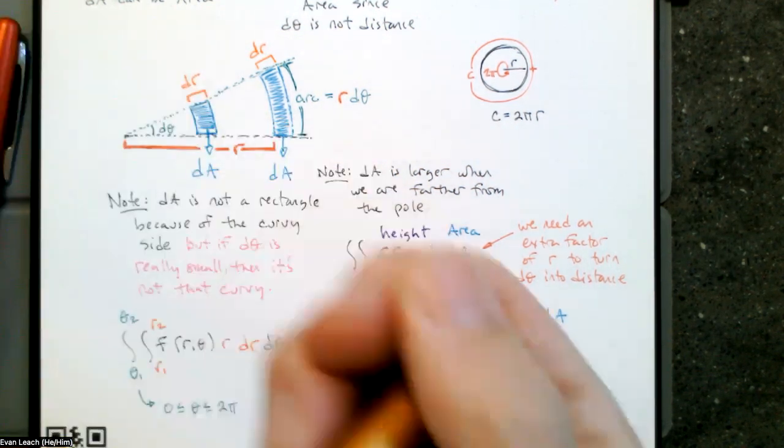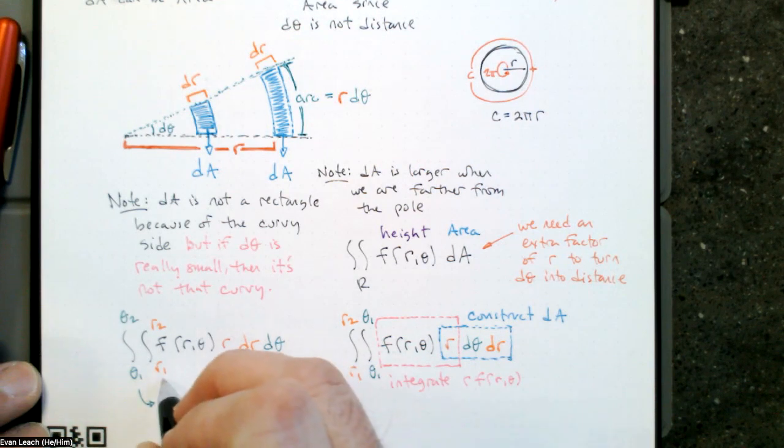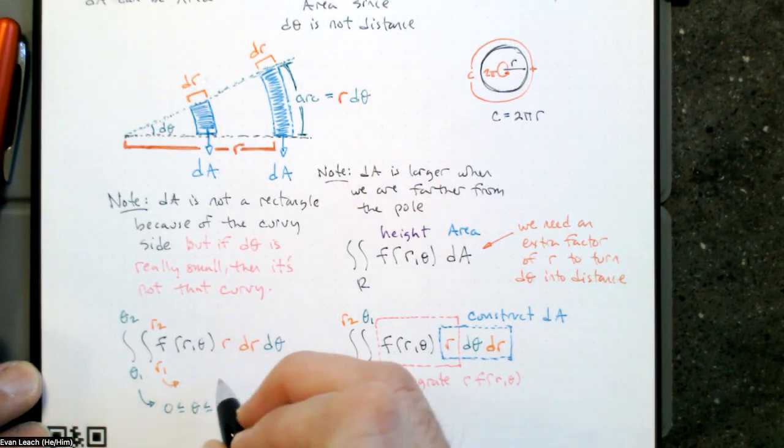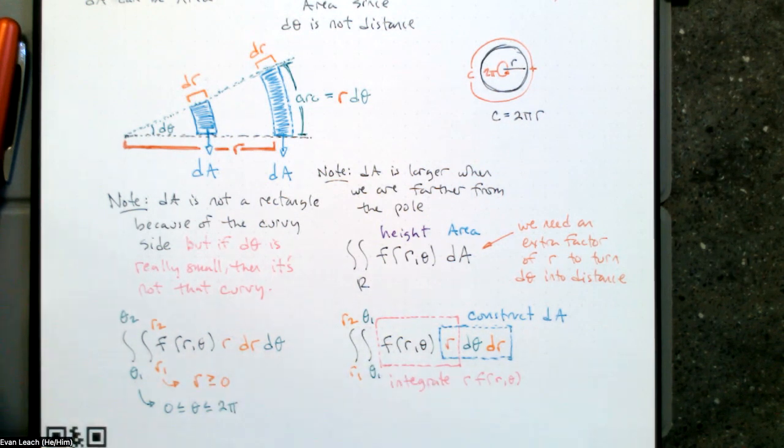And let's keep r positive, non-negative. Doesn't mean we can't set up a double integral with things before 0 or after 2 pi. But if we know the unit circle from 0 to 2 pi, we know the circle everywhere else. So we're good. Let's just go from 0 to 2 pi for our descriptions.